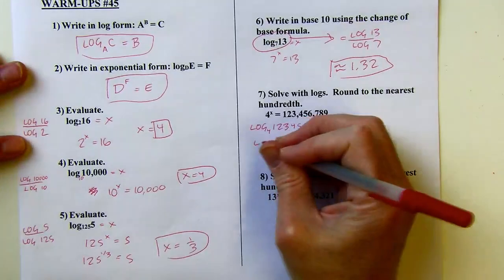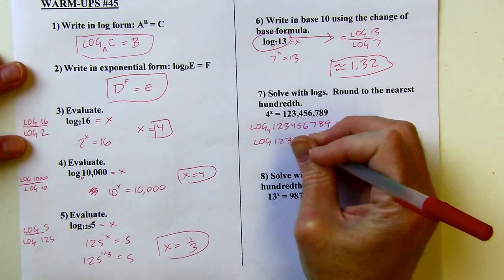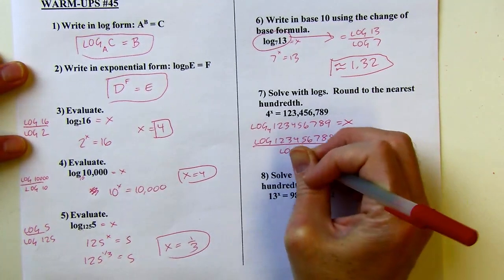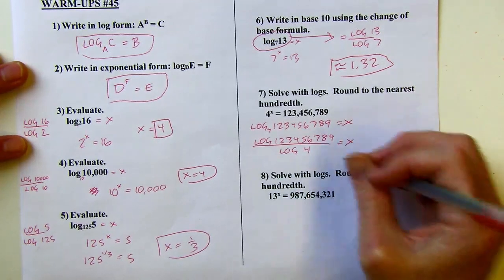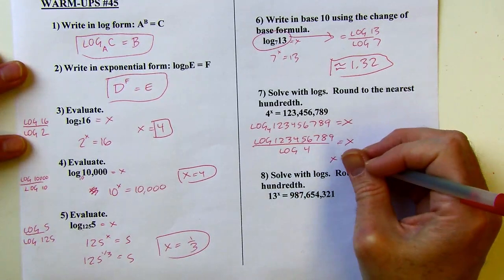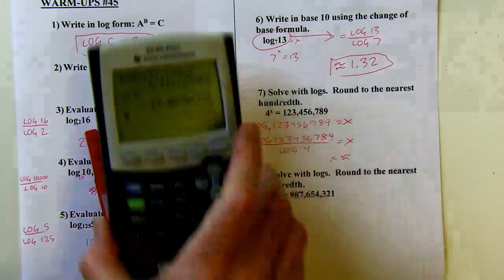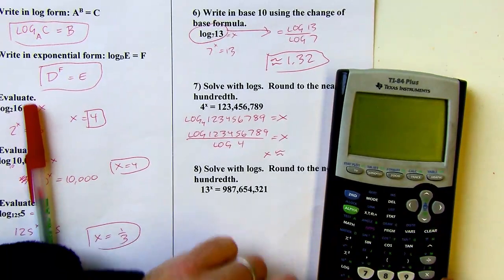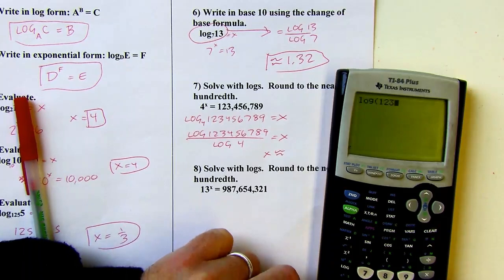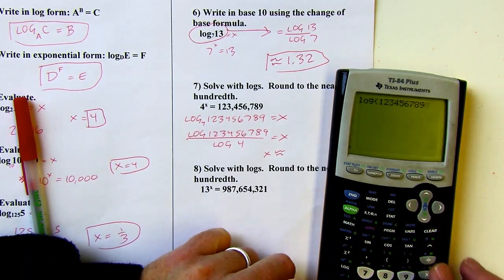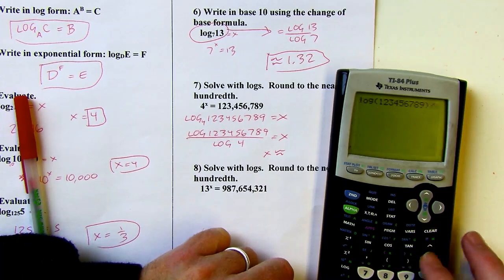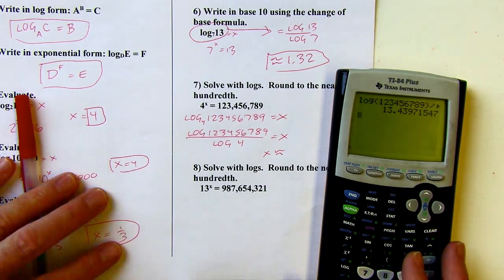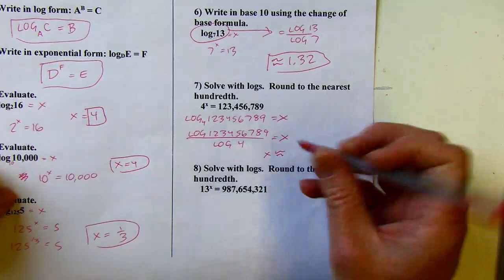And then I'm going to type this into my calculator like this. My calculator can only do base 10. Okay, so let's see what we get. Okay, close the parentheses and divide by log of 4. And I've got 13.44, I'll call that roughly.